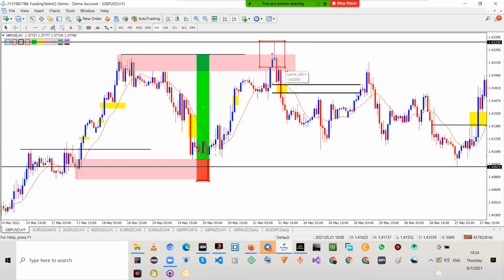I'm not going to consider this one because there are many of these trades. So let's move on to the next value gap right here. We know that the price is going to tremble down to fill up this candlestick gap, so we are going to expect a buy order.